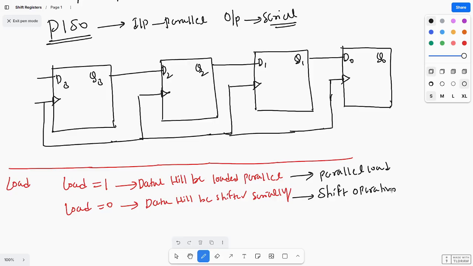Here I need to use one combinational circuit such that it acts like a selection line, so that at a time any one of the inputs is connected. Can anyone say which combinational circuit I need to use? Do you understand my question?